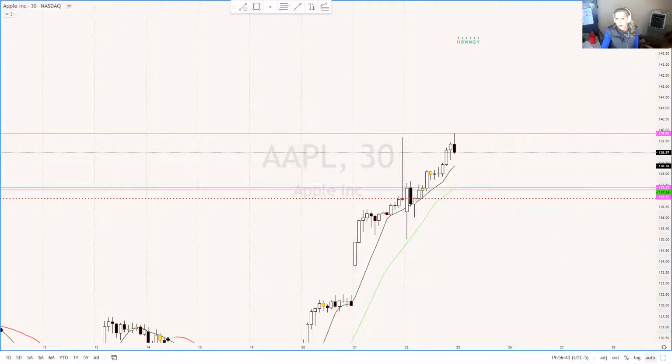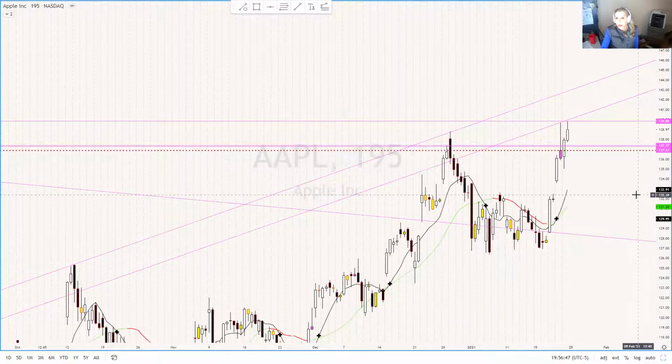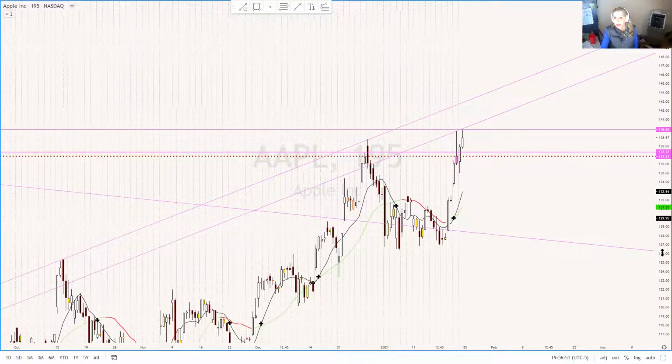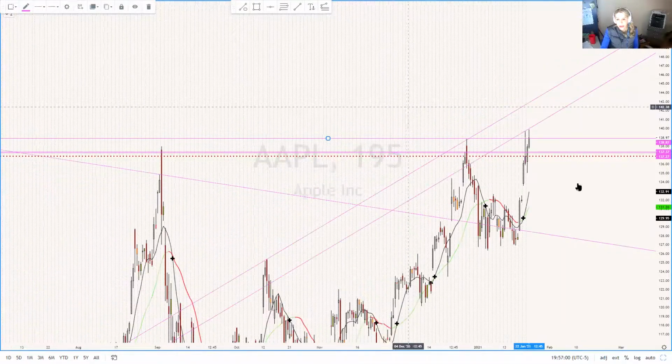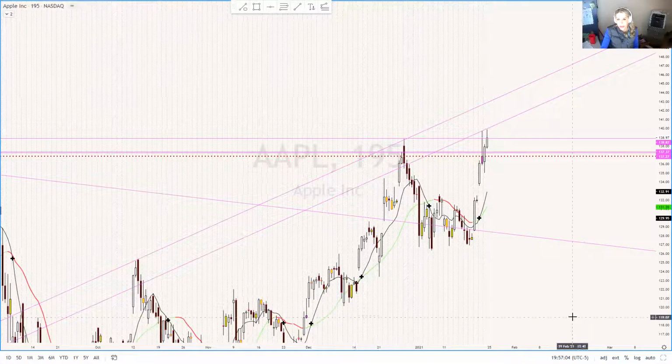Where, oh, I don't want the 30, I want the 195 minutes. Okay, so off the 195 minute, had I gotten into that trade, which would have been right here, I'm looking left and I see my magnitude is right about here. It ended up busting through that.